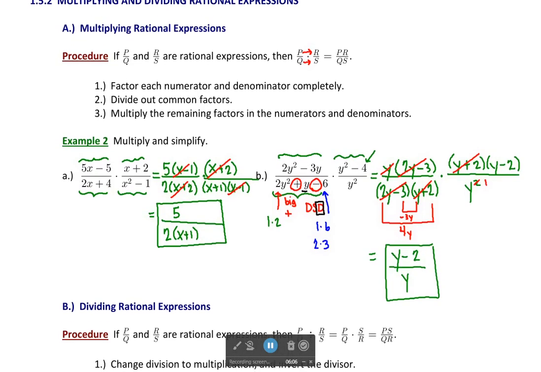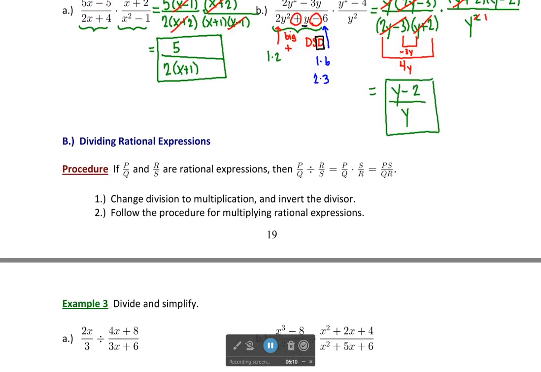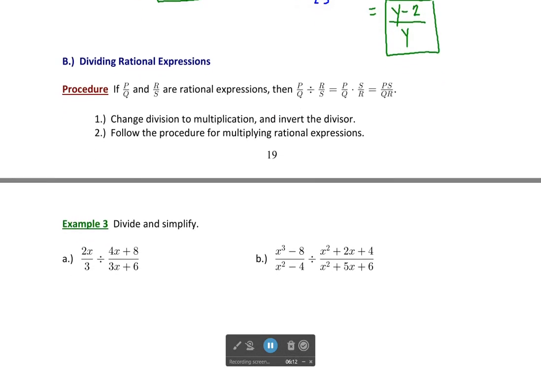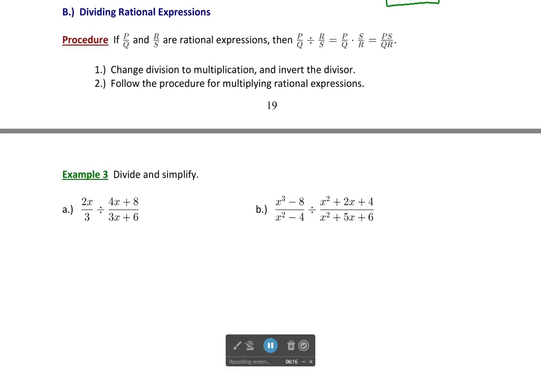Okay, if we know how to multiply rational expressions, then we're just going to add one extra step in order to divide rational expressions. And remember the pattern of dividing fractions. If p over q and r over s are rational expressions, then p over q divided by r over s, remember we're going to change our operation division into multiplication, and then we're going to invert that second fraction.